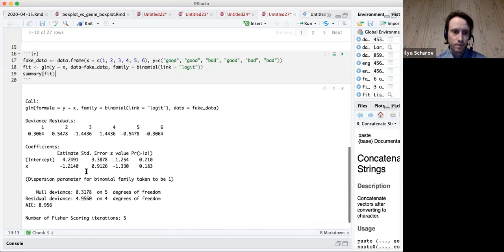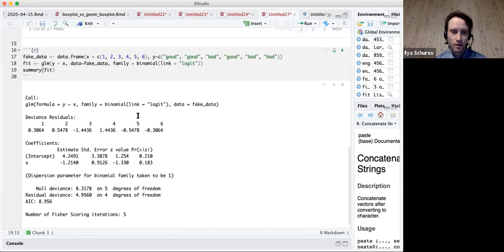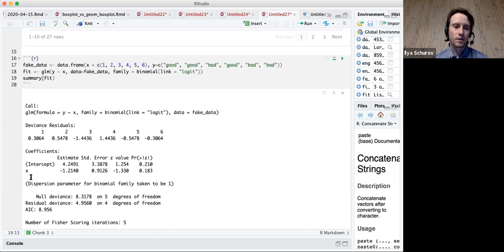Okay. You see a familiar output with estimates for coefficients. So they are estimates for our beta naught and beta 1.